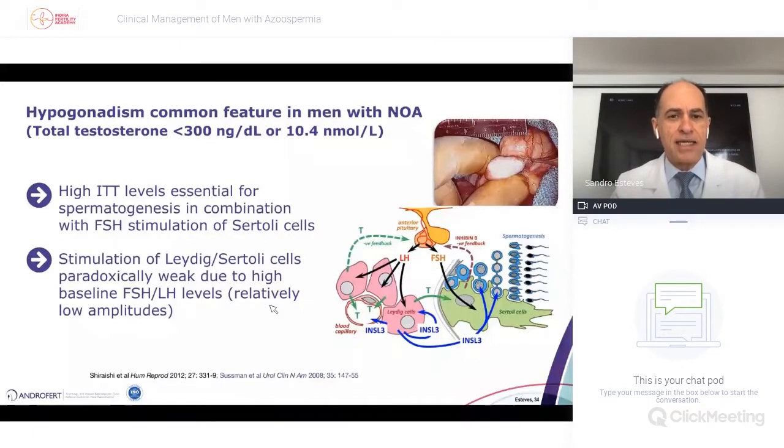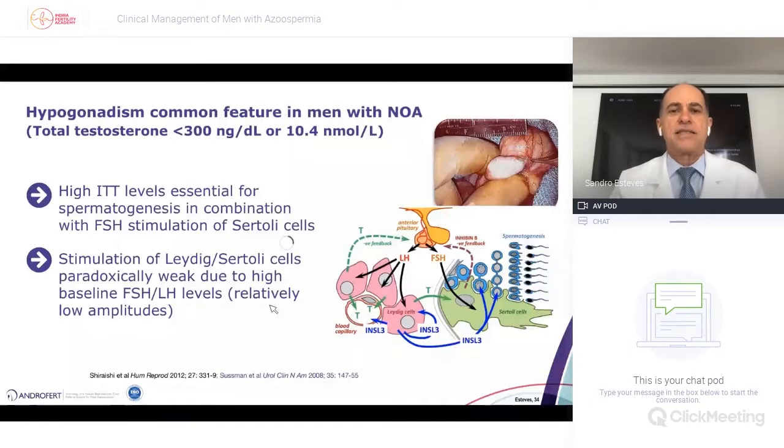So the point here is that the stimulation of Leydig and Sertoli cells will be paradoxically weak due to the high baseline FSH and LH levels. Remember that the amplitudes of FSH and LH levels are quite important to stimulate the receptors at the target organs. Because the baseline levels of FSH and LH are quite high in these patients, the stimulation is paradoxically weak.